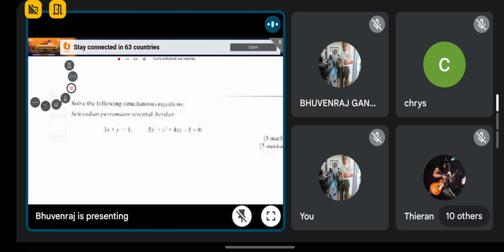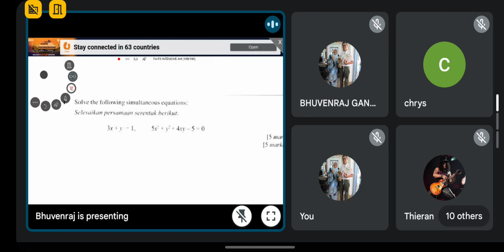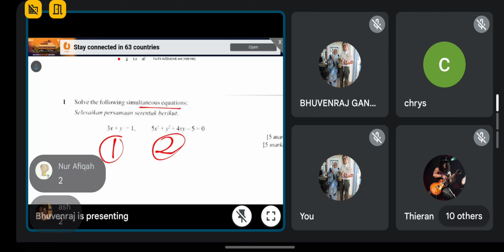Soalan seterusnya. Again a similar type of questions, tapi yang ni sedikit pantas. You can solve this a bit faster. So this one, yang mana kat sini persamaan bukan linear guys? One or two? Which one is the non-linear over here? Yes, very good. The second equation.